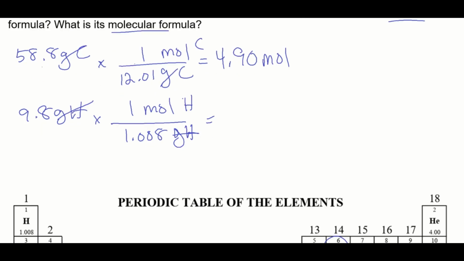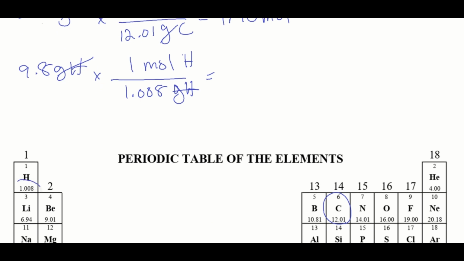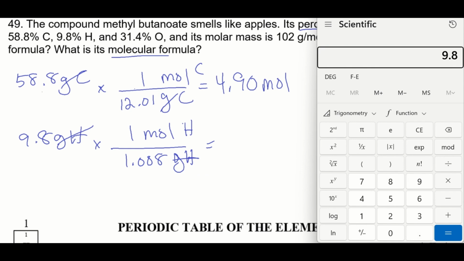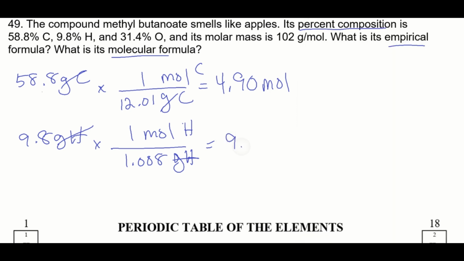Again, molar mass is right off the periodic table. 9.8 divided by 1.008, 9.72. So if we have a 100-gram sample of this, we'd have 9.72 moles of hydrogen and 4.90 moles of carbon.